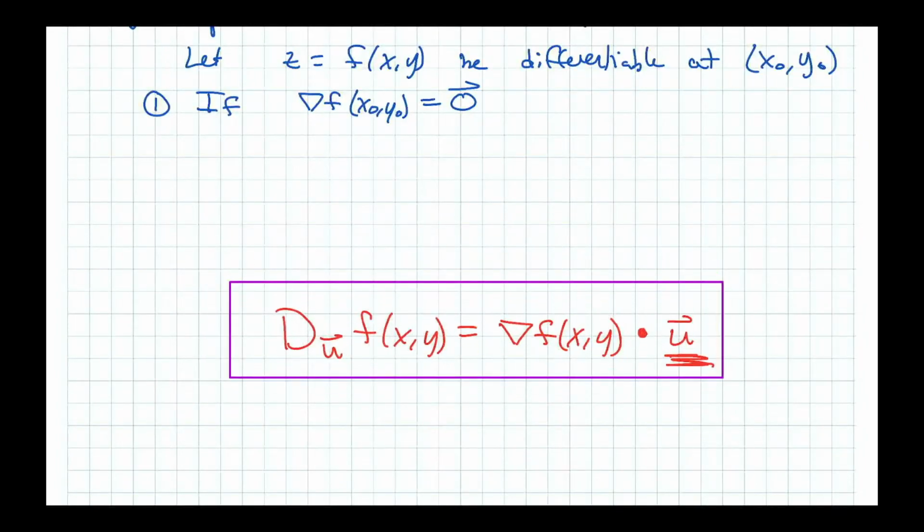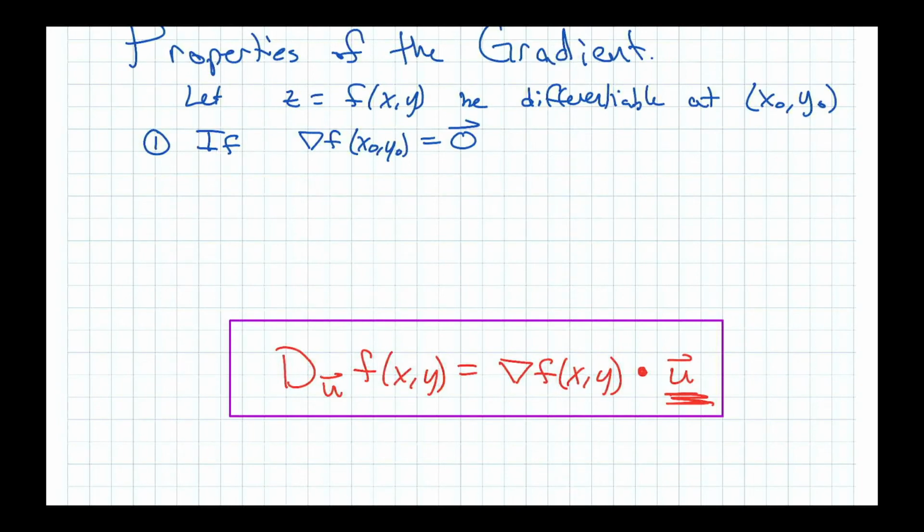So think about this. If this is the zero vector, right? So this is the zero vector right here. When you dot product the zero vector with another vector, you're just going to get zero, right?